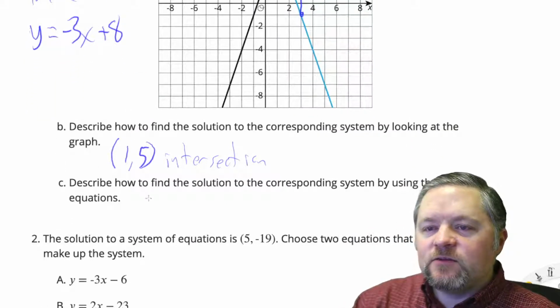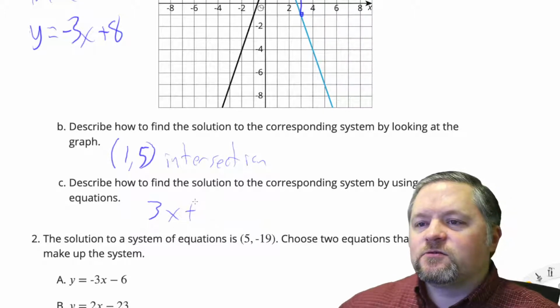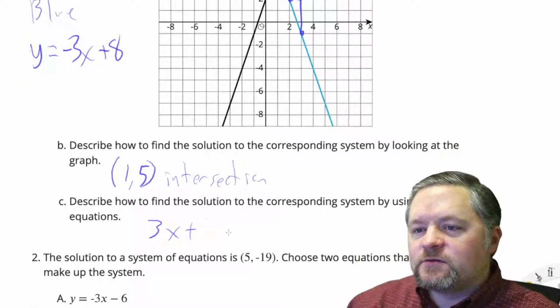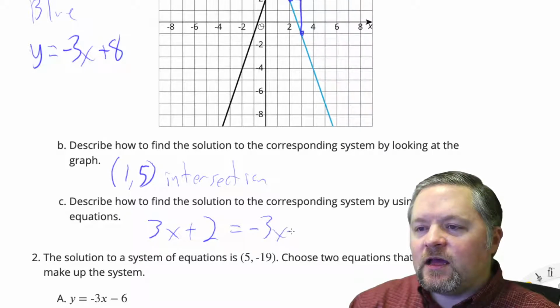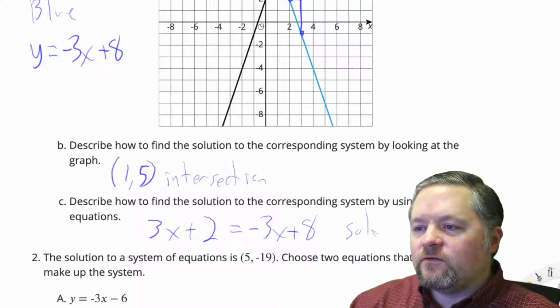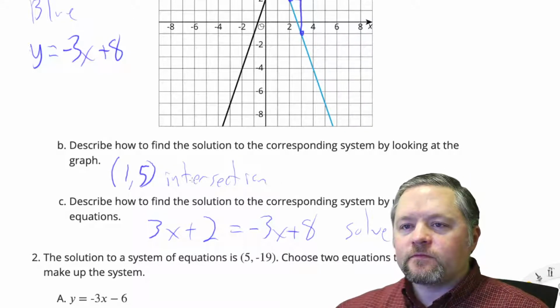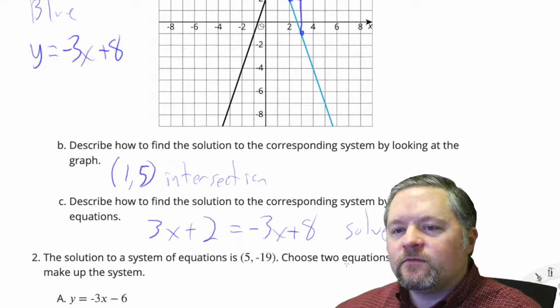So how do we do it? 3x plus 2 equals negative 3x plus 8, and then solve. And I bet the solution will be (1, 5).